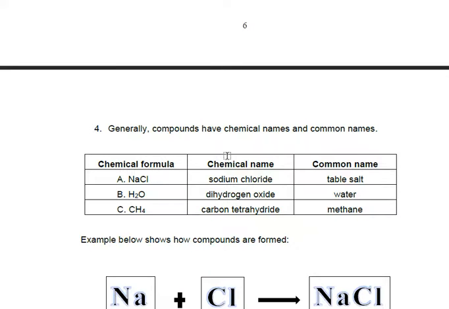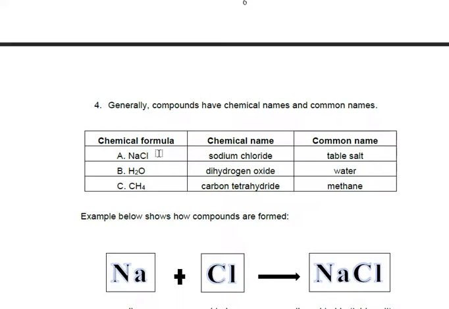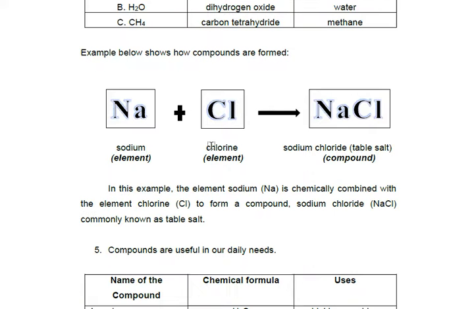Generally, compounds have chemical names and common names. So, here is the chemical formula. Like I said, the chemical symbols are combined. NaCl. Chemical name is sodium chloride. Common name is table salt. And so on and so forth. Alright? So, here's an example of how they are formed.